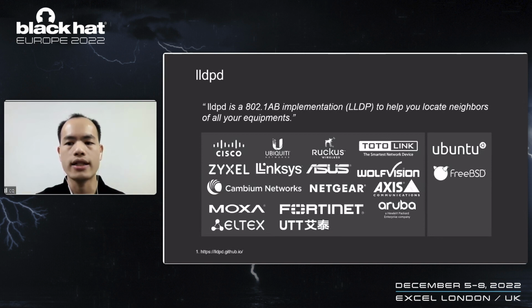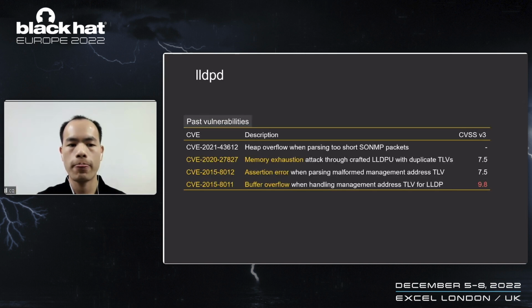According to our research, this component is widely used in devices from vendors like Cisco, Ubiquiti, and so on. Moreover, it's even in the package list on systems like Ubuntu and FreeBSD. There were some vulnerabilities in this component in the past. Among them, 3 are related to the LLDP protocol.